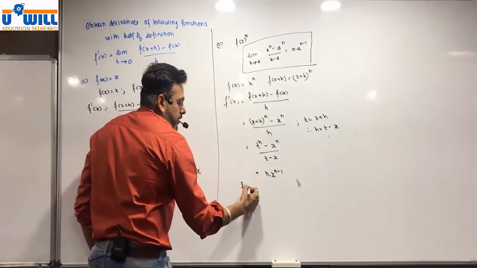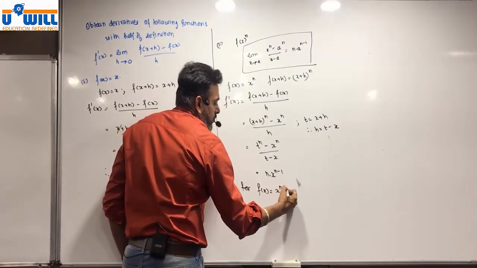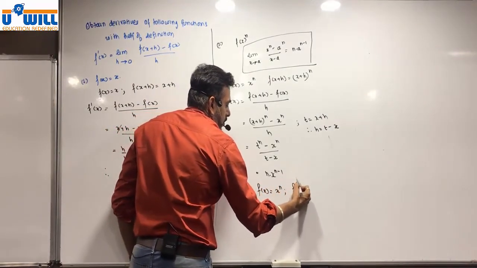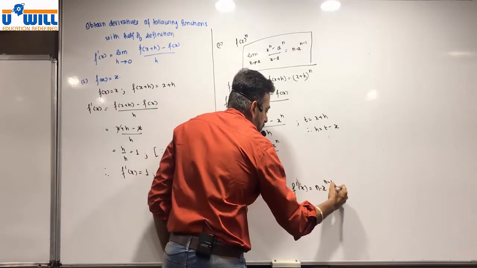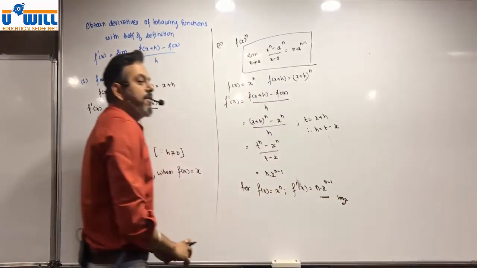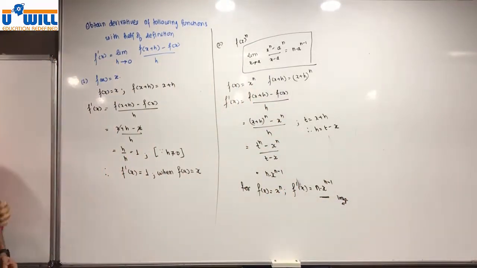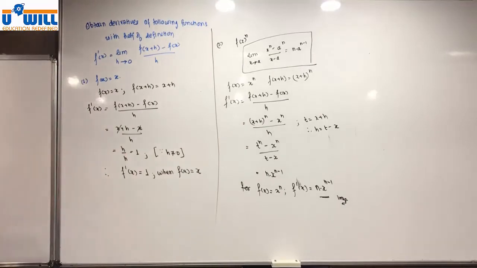So for the function f(x) equal to x raised to n, the derivative of this function is n into x raised to n minus 1. Very important. These are basically rules which we are deriving. They are given as illustrations. You have to learn all of these, because they will come in further equations.